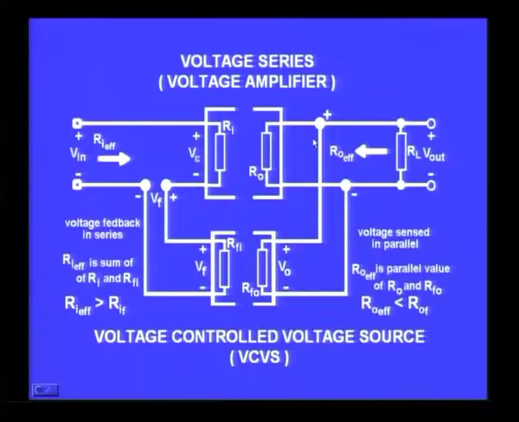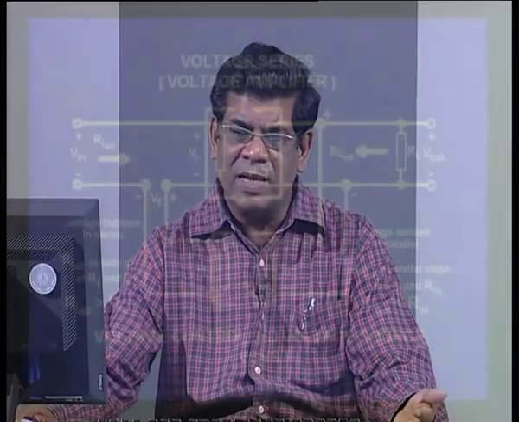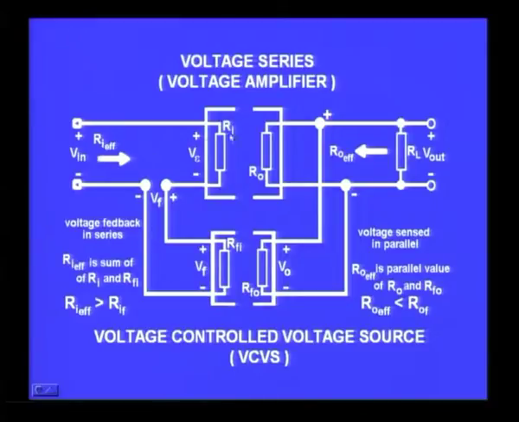Only a voltage source will have the least internal resistance, and therefore the reduction in resistance due to this configuration makes the output more and more closer to a voltage source, and the feedback that is given at the input makes the input resistance higher, and therefore that makes it much more useful as a voltage amplifier. Therefore, the input is a voltage, output is also a voltage.